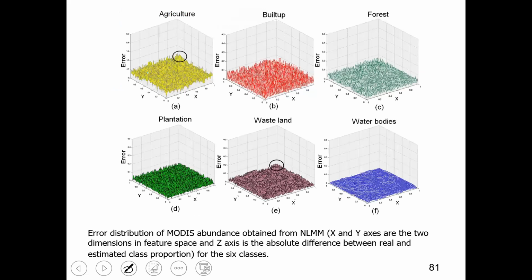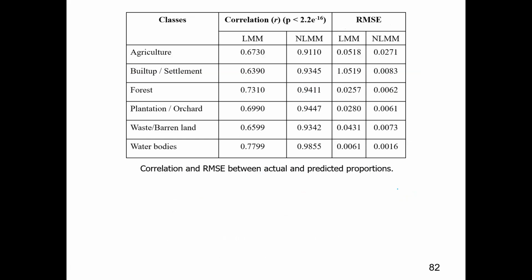You can see in this graph the errors being analyzed, and errors have mostly happened in analyzing agriculture and wasteland, because in the northern part of that district there is a huge amount of agriculture land which was fallow, and the signature of fallow land mixed with wasteland confused the classifier in distinguishing them.